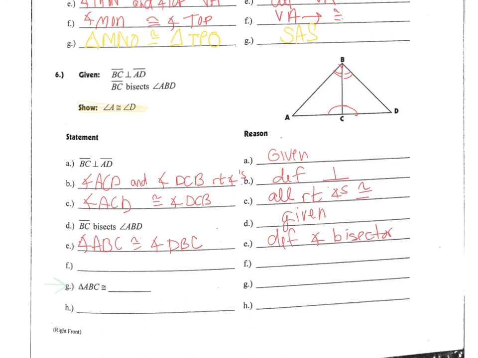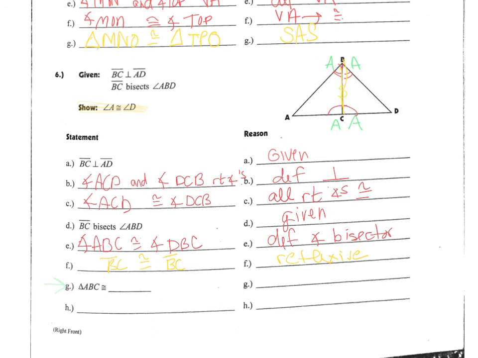And so I'm going to take a look and say, well, I have an angle, and then I have an angle. And what I notice is that I have this side to itself. And so my next thing that I could do is say that segment BC is congruent to segment BC, and that is reflexive. And there's my side.